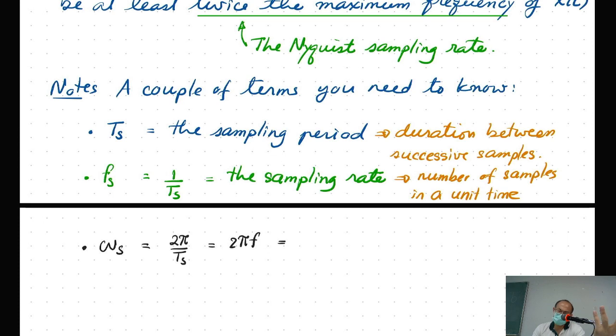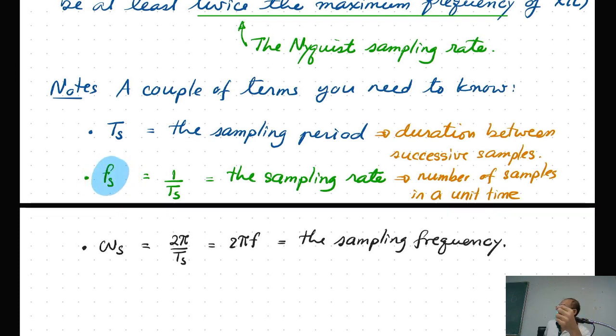This is the sampling frequency, and the unit is radians per second. So these are a couple of terms that you need to know. Usually you will see Fs. This parameter is most important, Fs, the sampling rate.